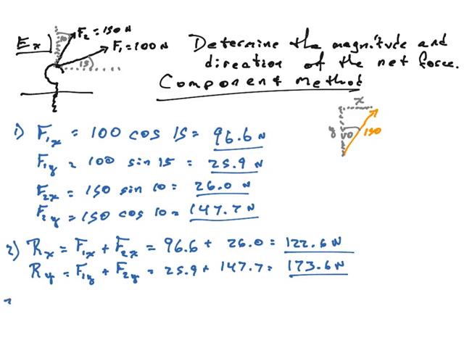So the last step is to calculate the magnitude of this resultant, which is the square root of the x component squared plus the y component squared. So I take 122.6 squared plus 173.6 squared, then take the square root of that number, and I get 212.5 newtons.